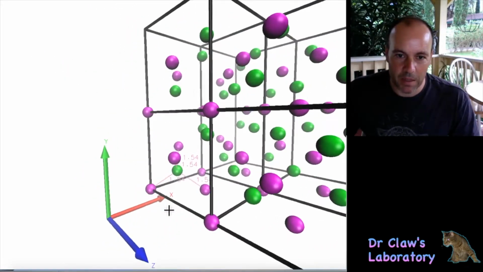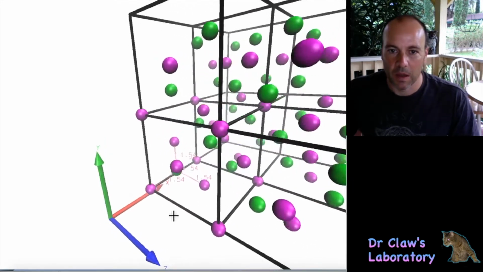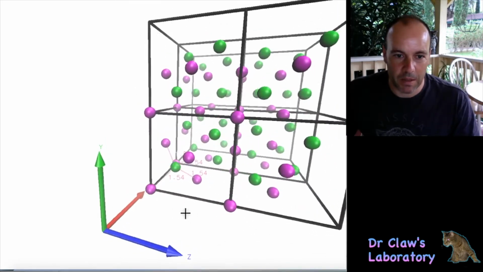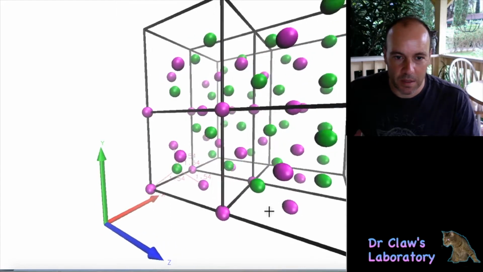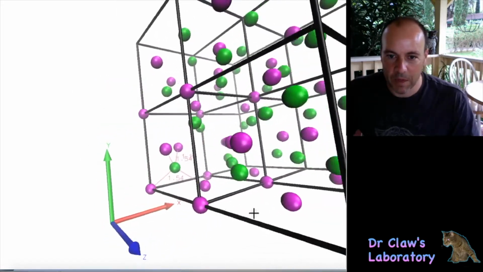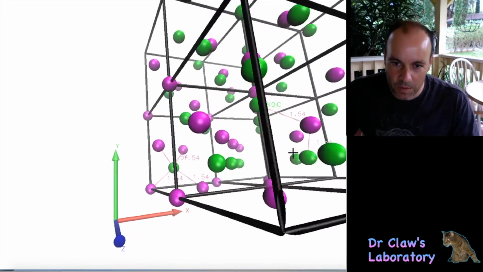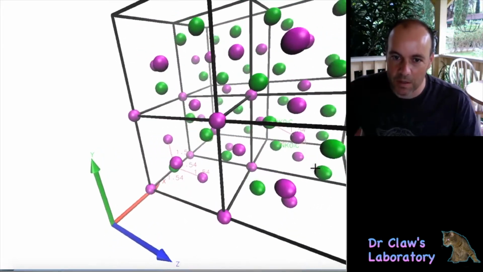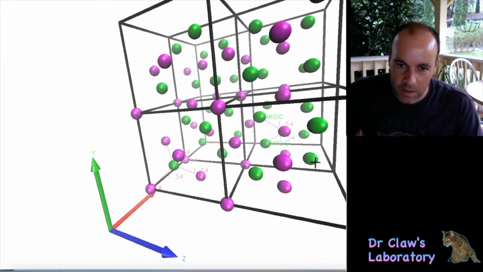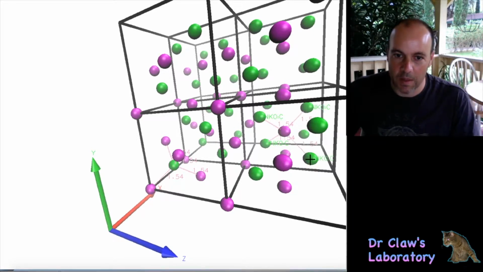Okay, and you can find any other atom in the lattice as well. So how about something way in the middle? So how about this pink one right here? Okay, 1.54. 1.54. Now then another one is this one and that one, and then this one and that one.